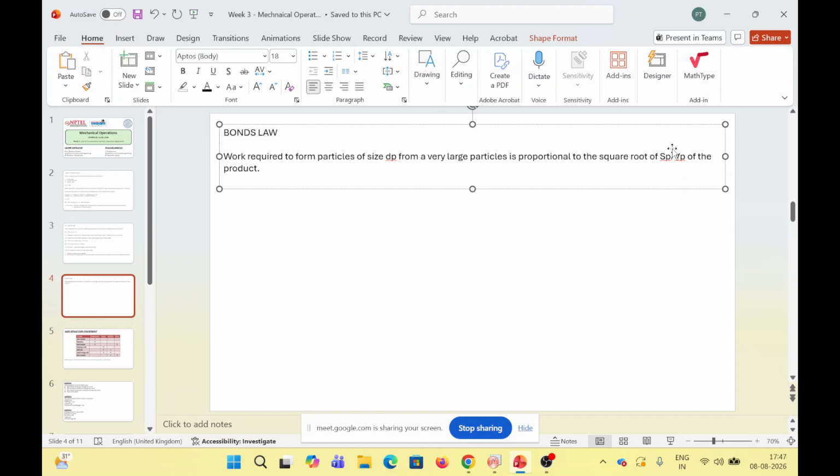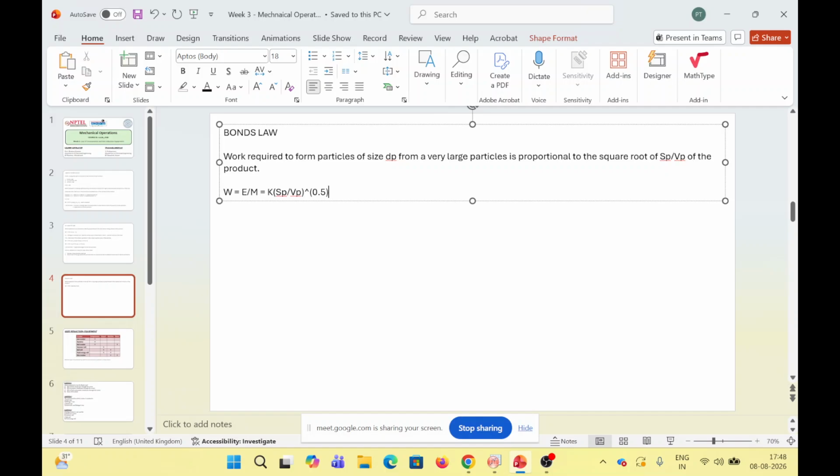So if you're going to express this mathematically, the work required for crushing the particles is equal to the amount of energy used up in the process for crushing m quantity of material, which is equal to k times (Sp by Vp) to the power 0.5, or square root.